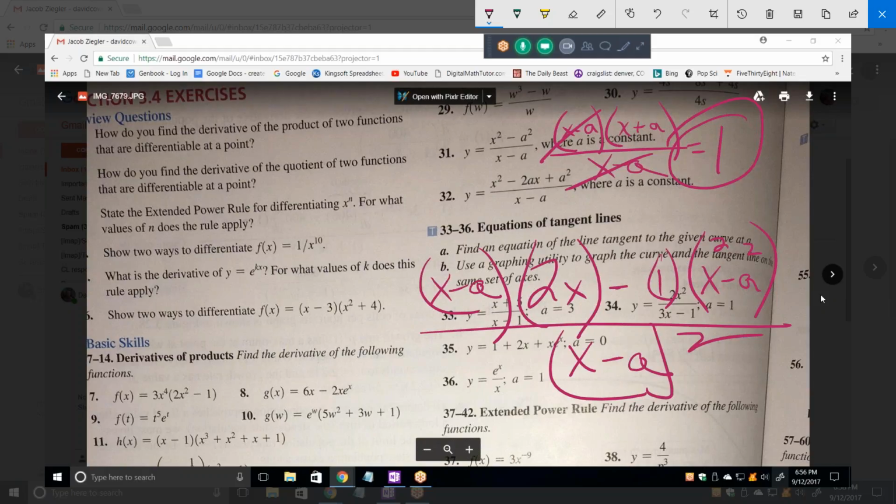Now, that whole thing's going to turn into 1. So you tell me what's the easier way to do this. The first way we did it or this way.